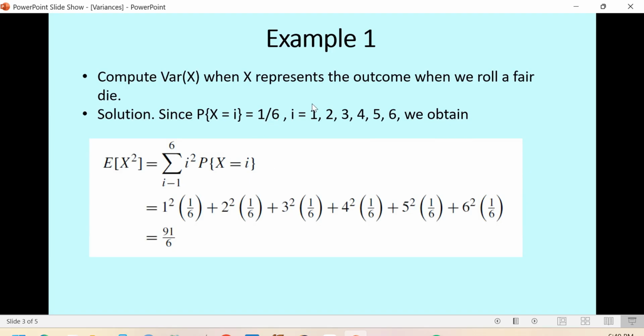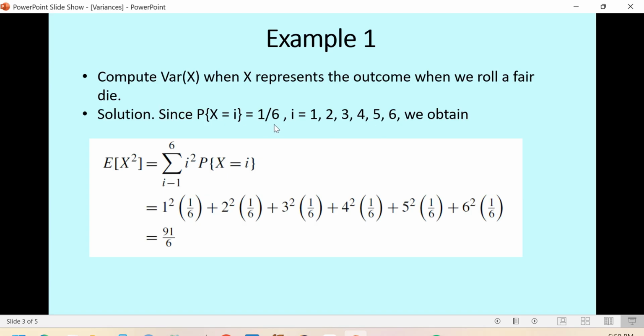The first example is that we use X to represent the outcome of rolling a fair die. A fair die means we get the same probability for each number of the die. The possible numbers are 1, 2, 3, 4, 5, 6, right?